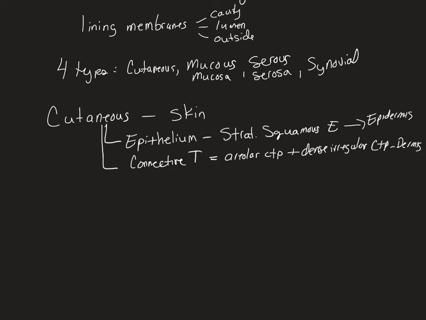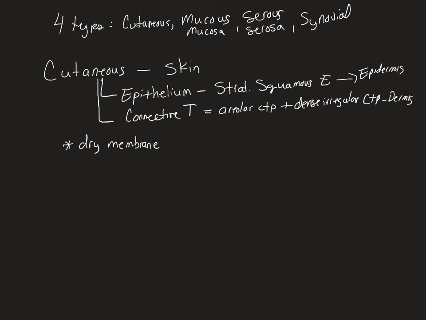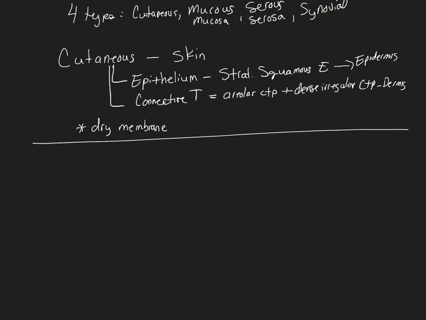Now, something to remember is that the cutaneous membrane is pretty much our only naturally dry membrane. Some mucosas can get a little dry. We'll talk more about that at some point in time, but basically it's a dry membrane, okay? All right, now let's move on and talk about serous membranes or serosa, okay?